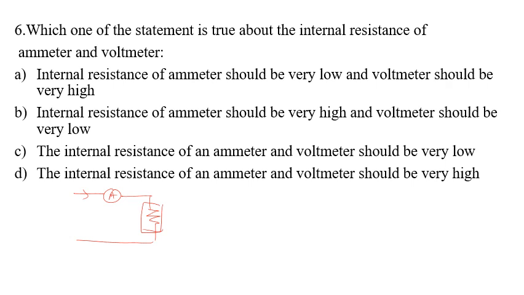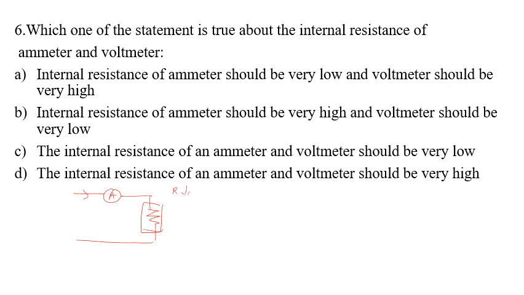The easy flow of current is possible when the resistance is as low as possible. So simply we can say that ammeters are normally connected in series with the circuit to measure the current, so the resistance must be very low.